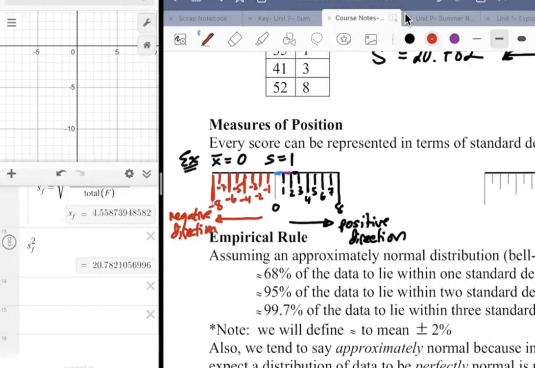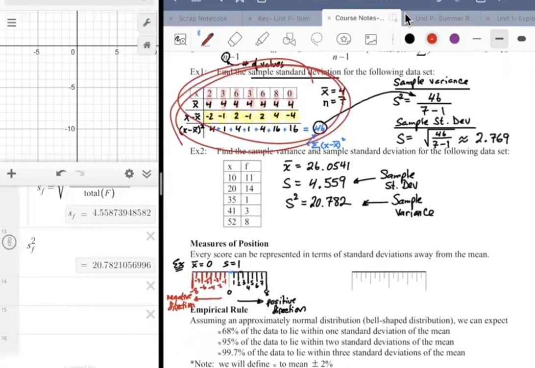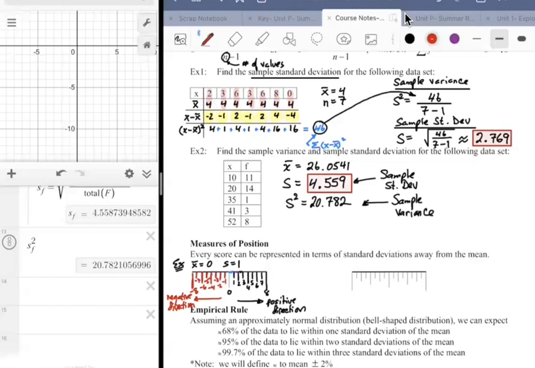All right. So if I were to compute a standard deviation for a simple data set and determine that that value is equal to 2.769, and then find the standard deviation of a completely different sample of data and determine that that sample standard deviation is 4.559, I have now a basis by which I can measure the two against each other.